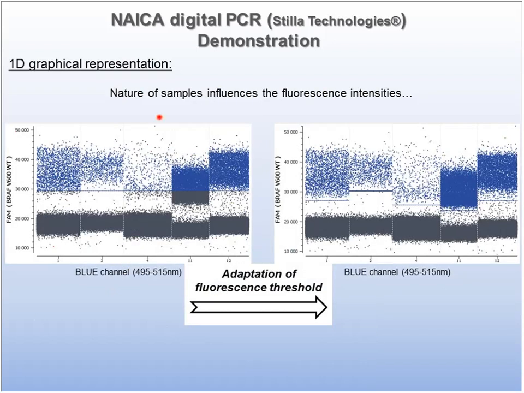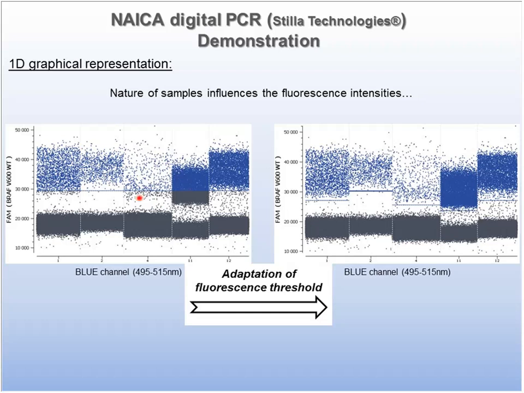You have to know that the nature of the samples can also influence the fluorescence intensity, particularly depending on the extraction method and the buffer that are used. In these examples, you see that the level of fluorescence for positive droplets is different for these 5 samples.